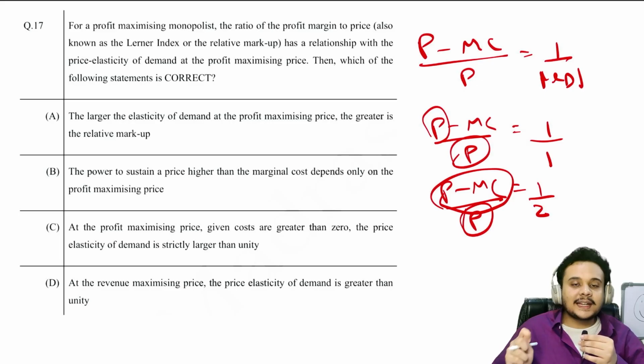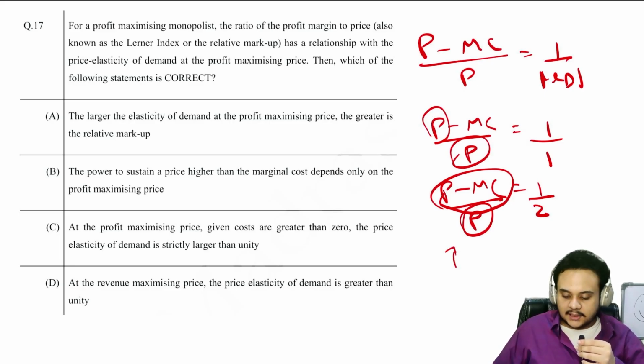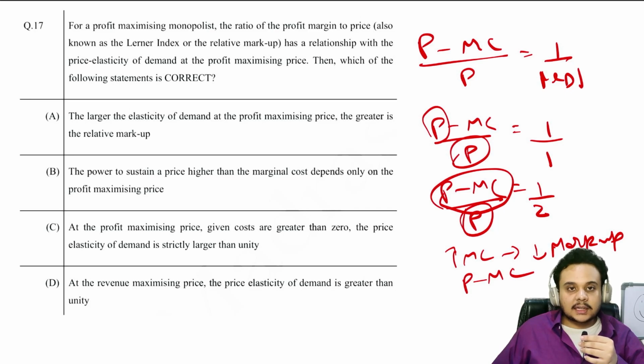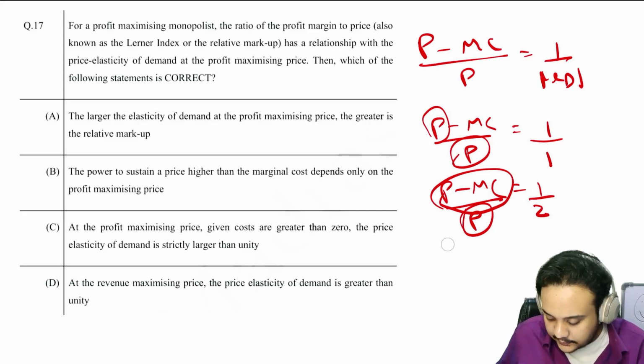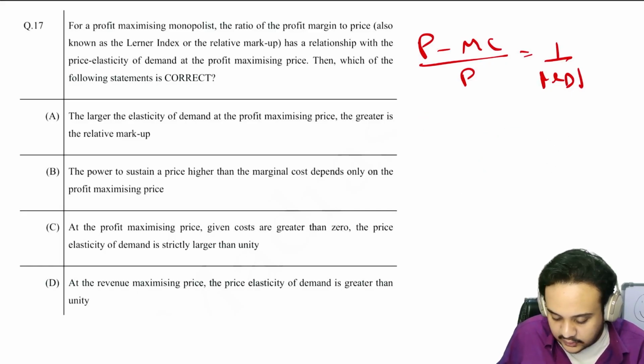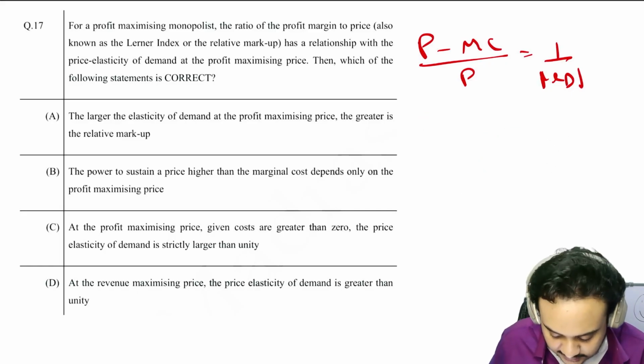So because of an increase in marginal cost, there is a decrease in markup. What is markup? Markup is just P minus MC. So because of a decrease in markup, you can say that the markup and price elasticity of demand have an inverse relationship.